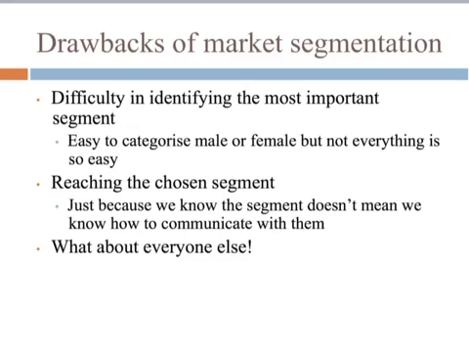Same with household cleaners or pillows, anything. It's very difficult to categorise just because I'm a certain age and I'm male that I'll buy a particular type of cleaner or a particular type of pillow, for instance. There might be problems reaching the chosen segment with your marketing. So lifestyle categories in particular are difficult to identify or locate.